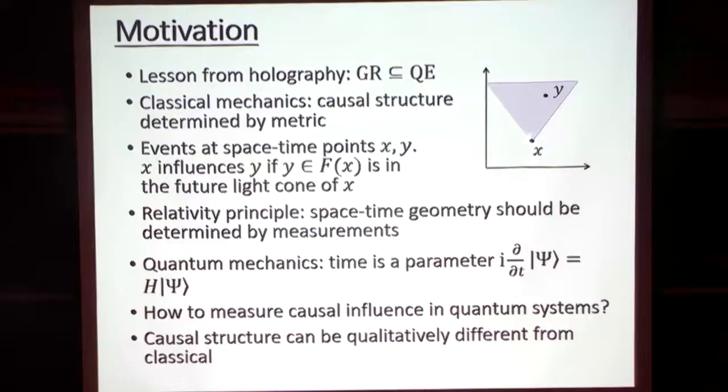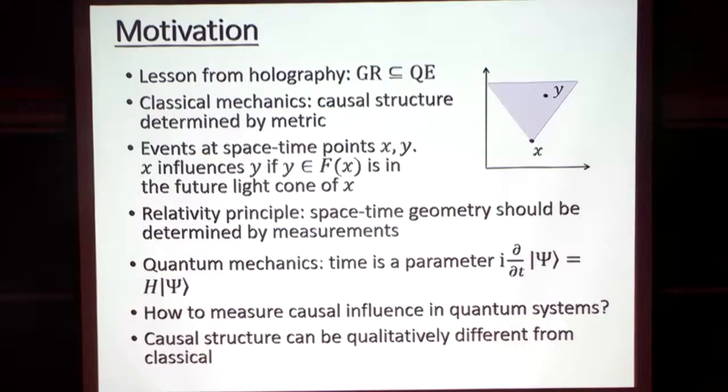So if y is in the future light cone of x, then something that happens at x can influence y. The relativity principle tells us that the space-time geometry should be determined in an observable way. It should be determined by how we measure it, and it should depend on the dynamics of the system.